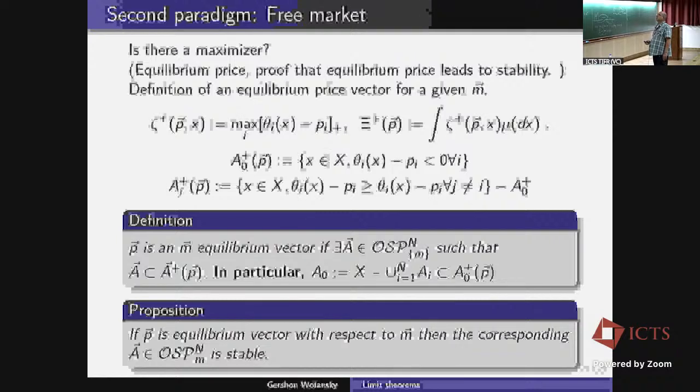So he looks at all the possible commodities, subtracts from them the prices, and chooses the one which maximizes.